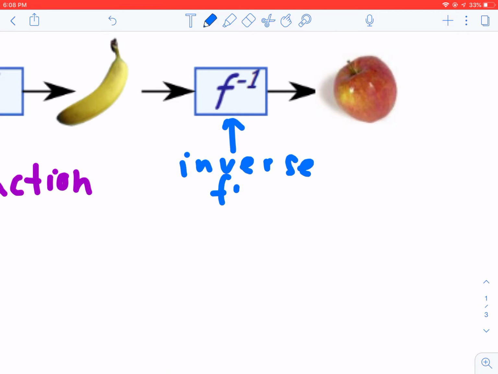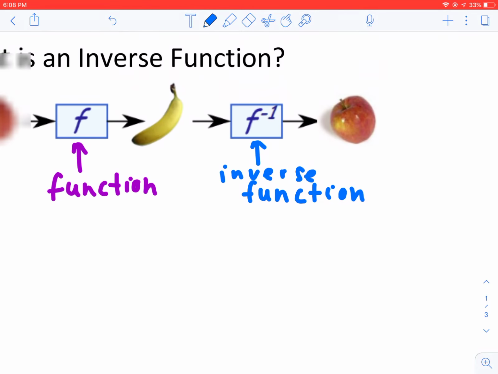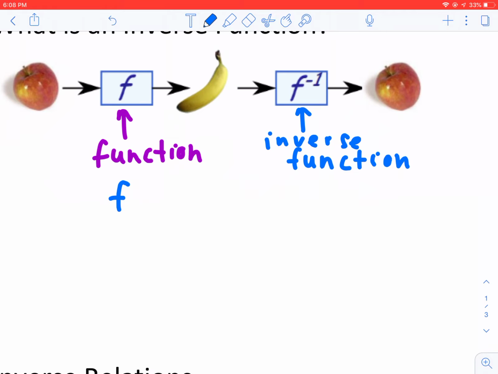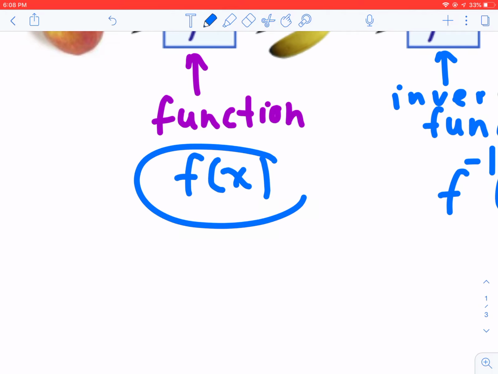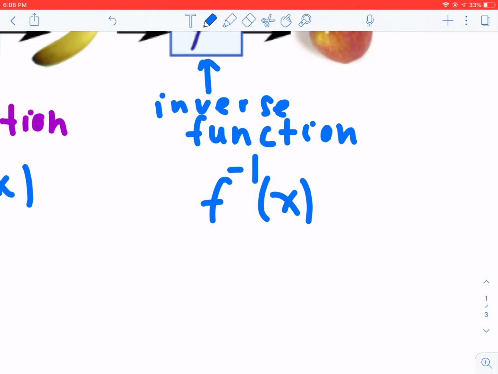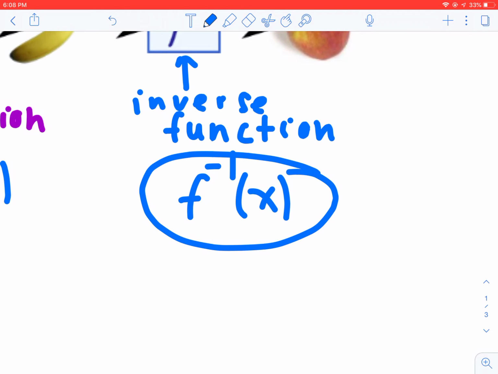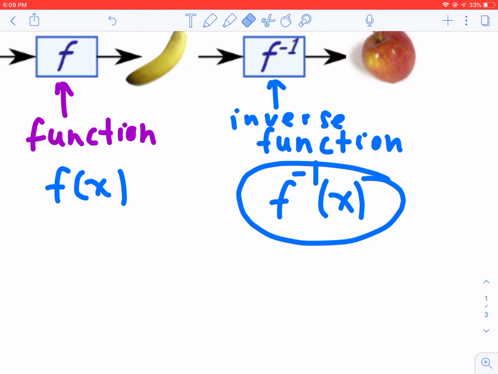This is our notation for an inverse function. Alright, so like if you have a function f of x, the inverse would look like that. And just like we know f of x does not mean f times x, we should know that this has nothing to do with the negative first power of something. It's just the way we write inverse.